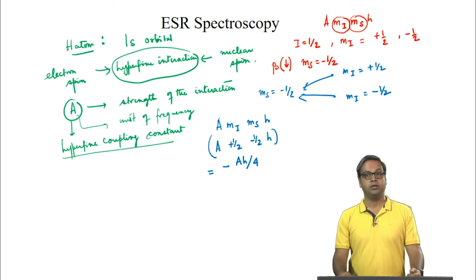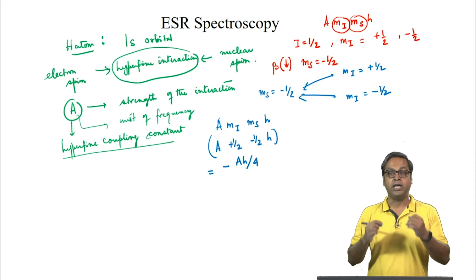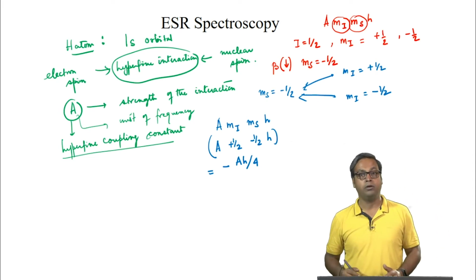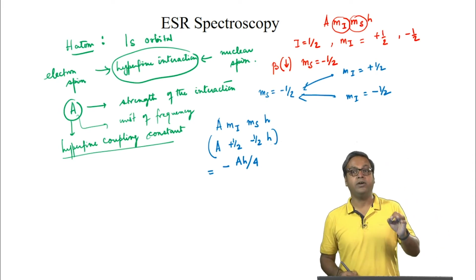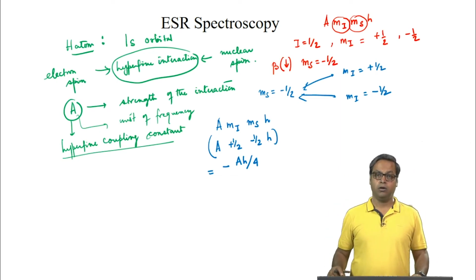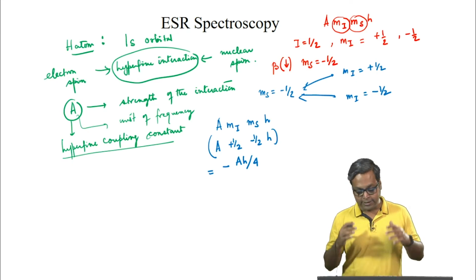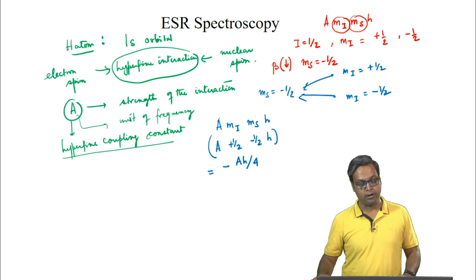In other words, for interaction between an electron in the beta state with m I equals plus half, there will be a negative energy. So, now let us consider all the possible interactions and draw a schematic energy level diagram.